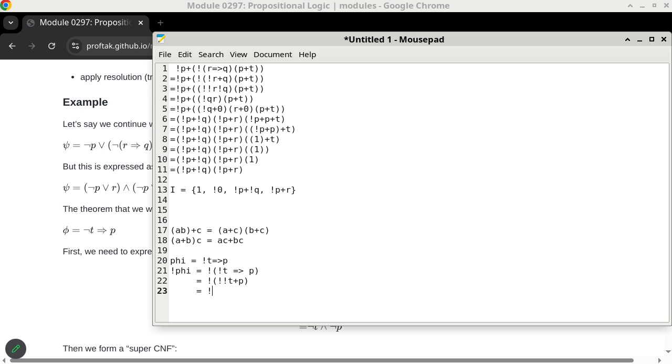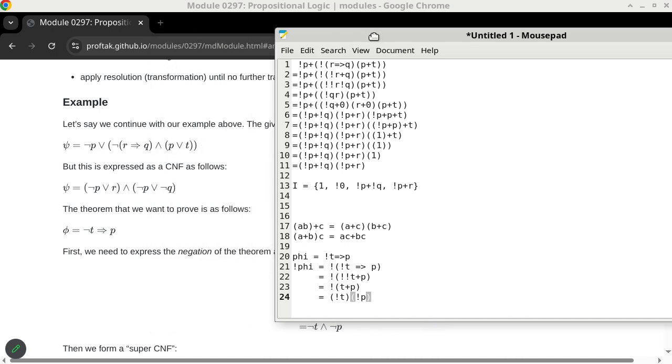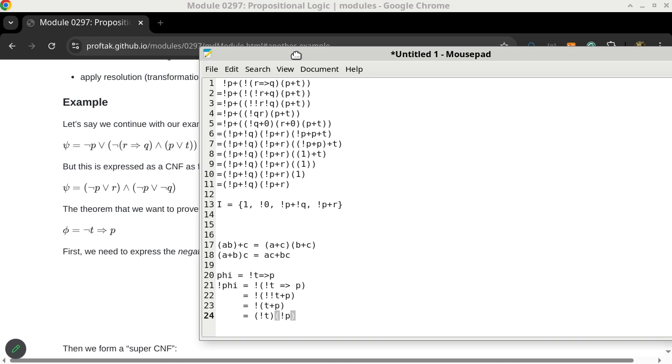And then we simplify the not first. So it becomes just t or p, but the whole thing is negated. Now we apply De Morgan's law. It becomes not t as one term and then not p as the other term. So I think this is also consistent with the result. Yep.